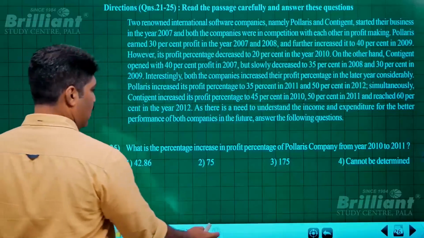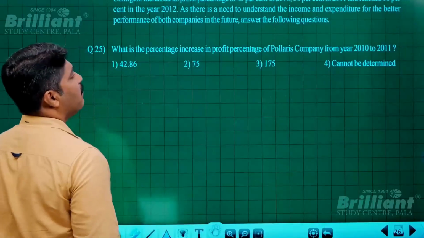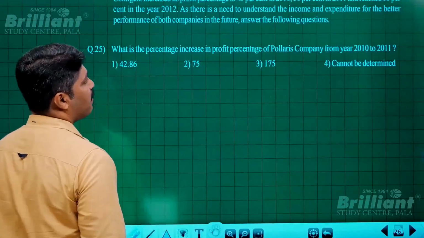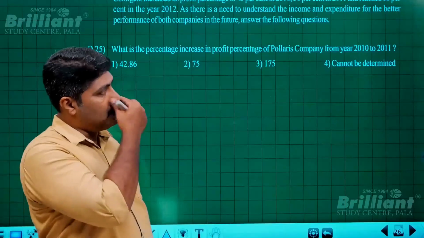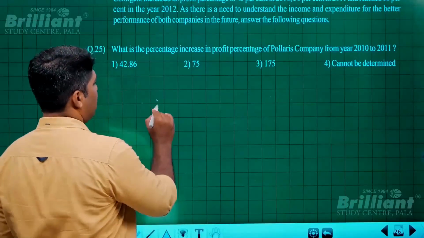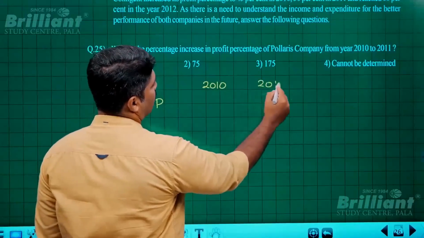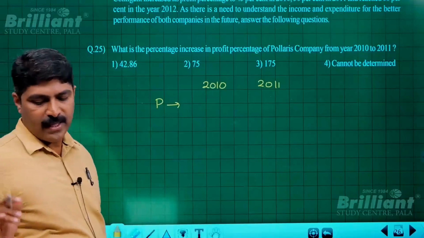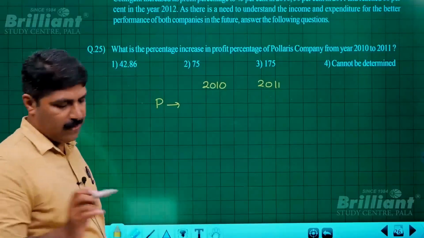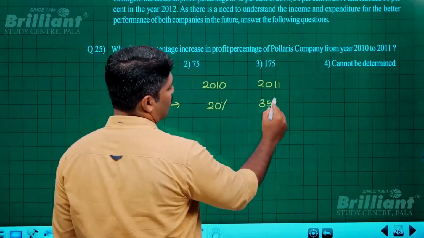What is the percentage increase in profit percentage of Polaris company from the year 2010 to 2011? So here, for Polaris, from the data we have to consider 2010 as 20 and 2011 as 35. So this is 20% and 35%.